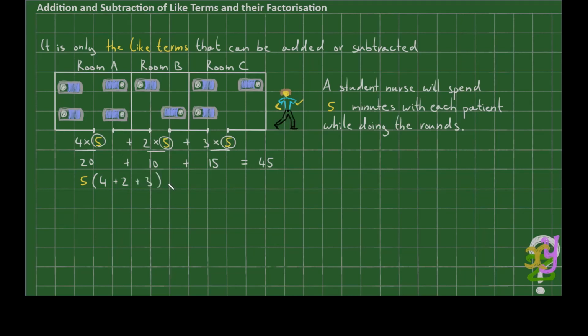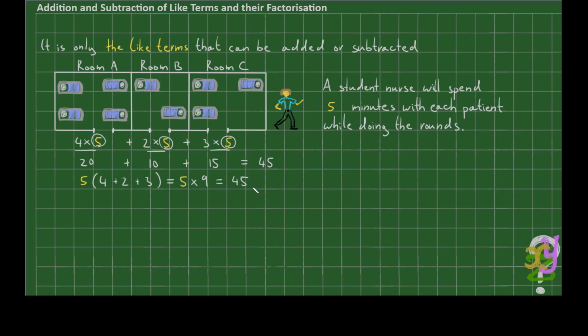What will that give me? Well, I will have 5 multiplied by the sum of these 3 numbers, which is 9. And so I will have 5 multiplied by 9, that is 45. In essence, I have added all of the patients together and then multiplied that by 5.